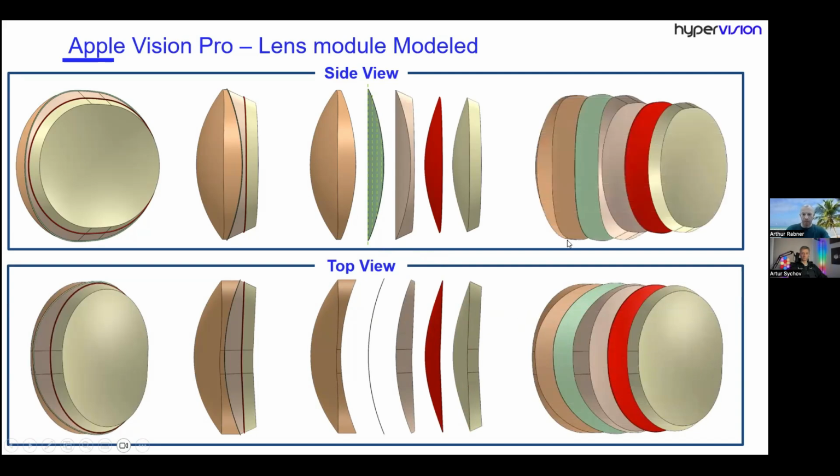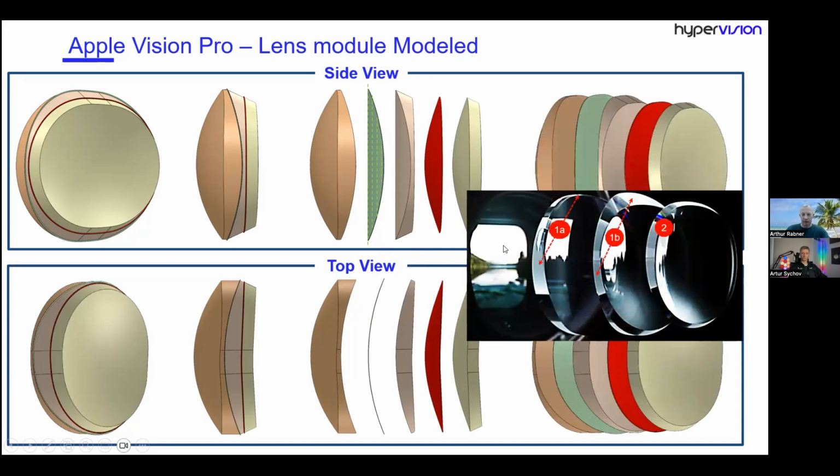So now we bring this picture that Apple published with those three lenses, and we compare it with the model that we simulated, to see how precise the model is.